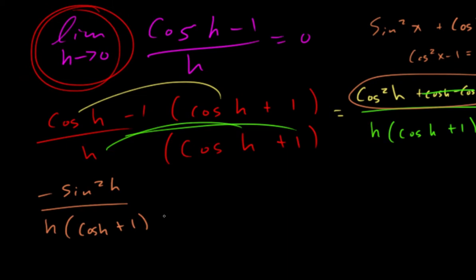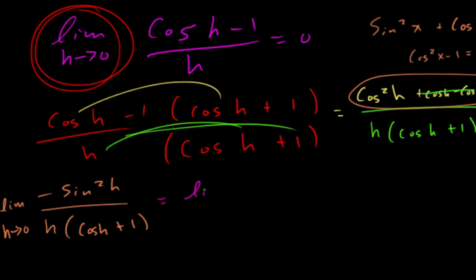Okay, now what we're going to do is split this into two different limits. So this is the limit as h approaches 0, and if we plug in a 0 at this point, we're going to have division by 0.